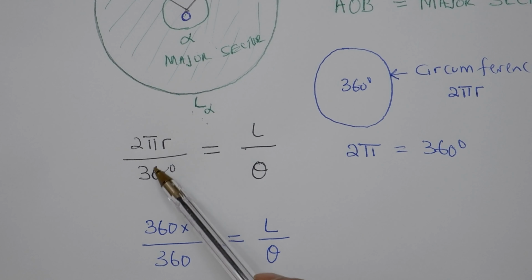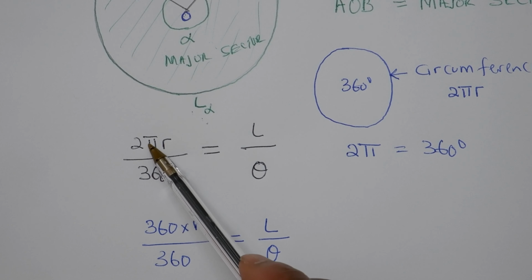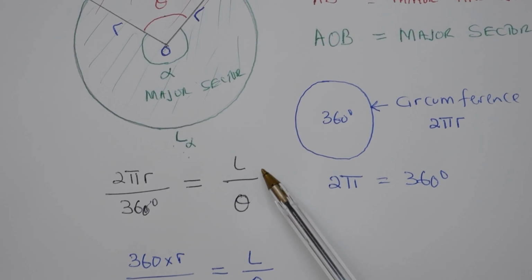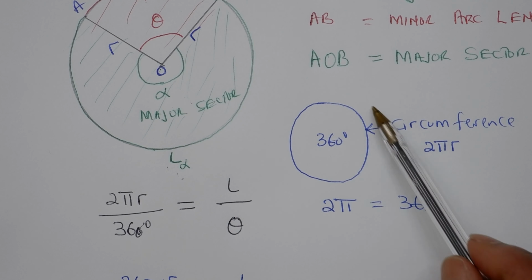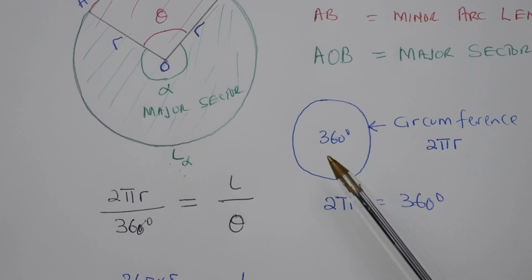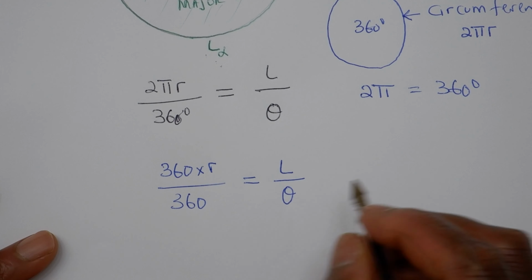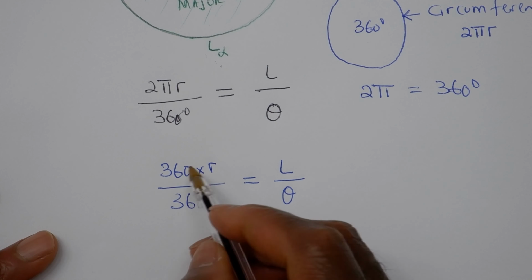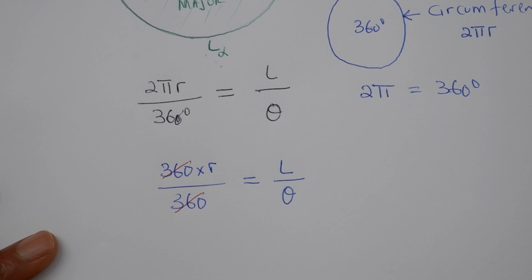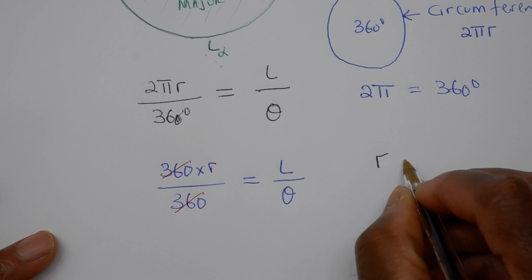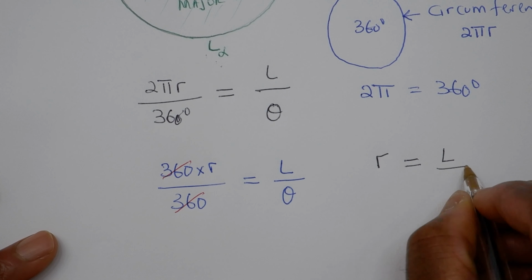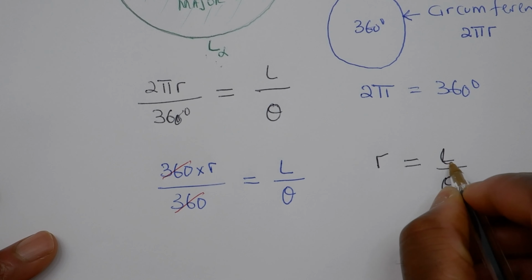Circumference is the length. So now we can see that 360 cancels 360, and we're left with r equals L over theta.